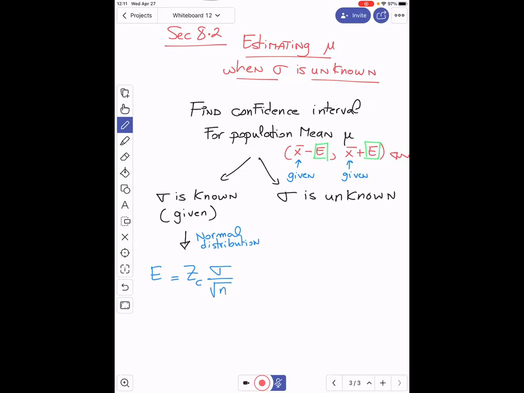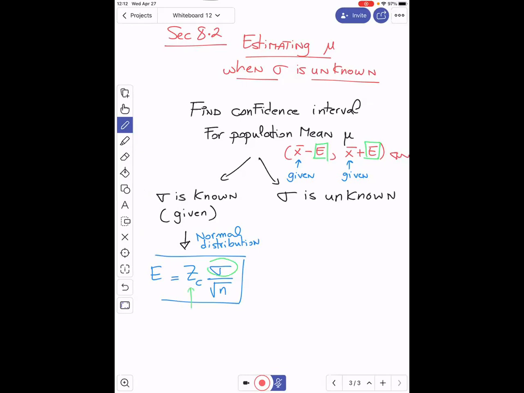The z is the variable of the standard normal distribution. That's the formula for E. Sigma is given in the problem, and n, the size of the sample, is also given. So the problem is to find this z subscript c.